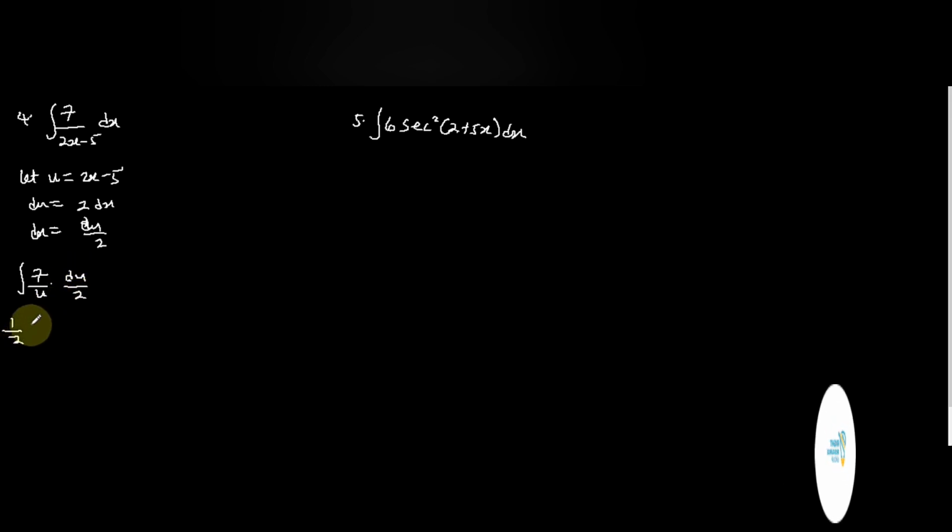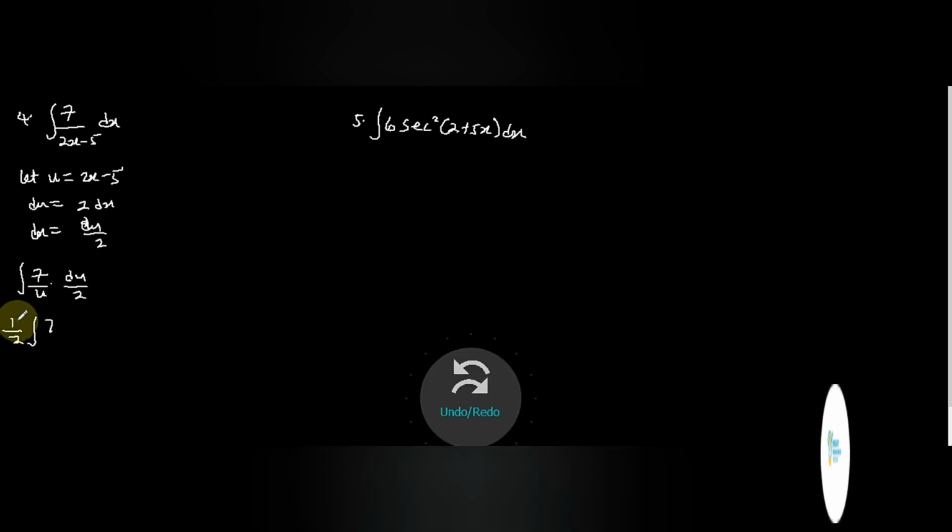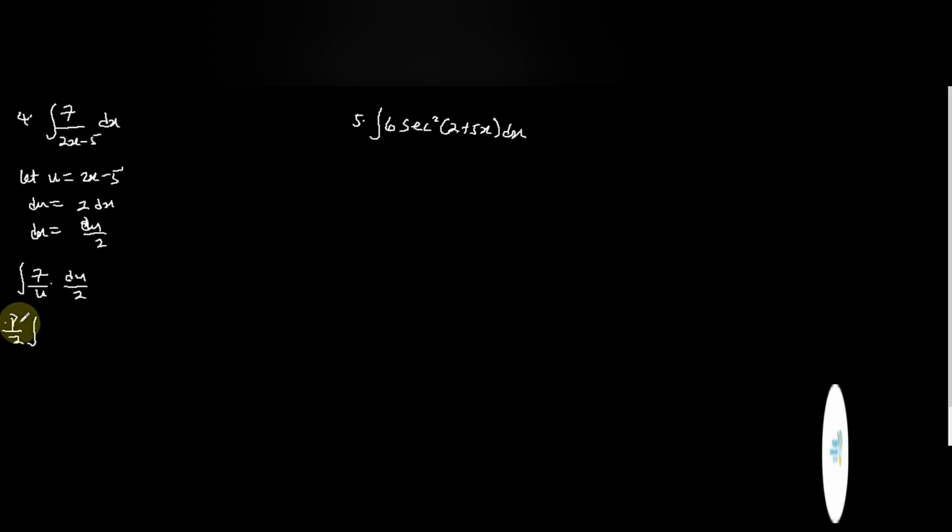Then 1 over 2 will come out. You have 7, this 7 can also come out. So let's put the 7 also outside. You have 7 divided by 2, then you have 1 over u du.